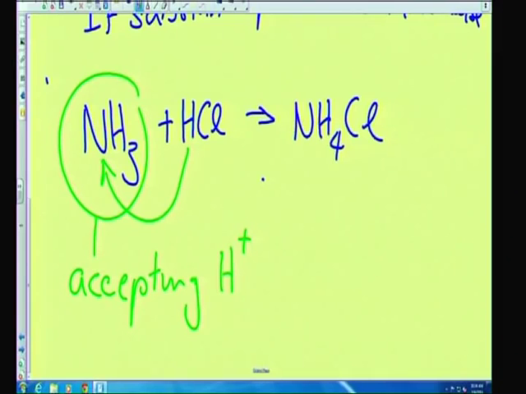But what we're seeing is this ammonia molecule is accepting hydrogen ions. The HCl is donating. So in terms of Bronsted-Lowry, this is an acid-base reaction. In terms of Arrhenius, he's saying, but I don't see any hydroxide ions being formed. It's true, there are no hydroxide ions being formed, but still the ammonia is acting as a base.